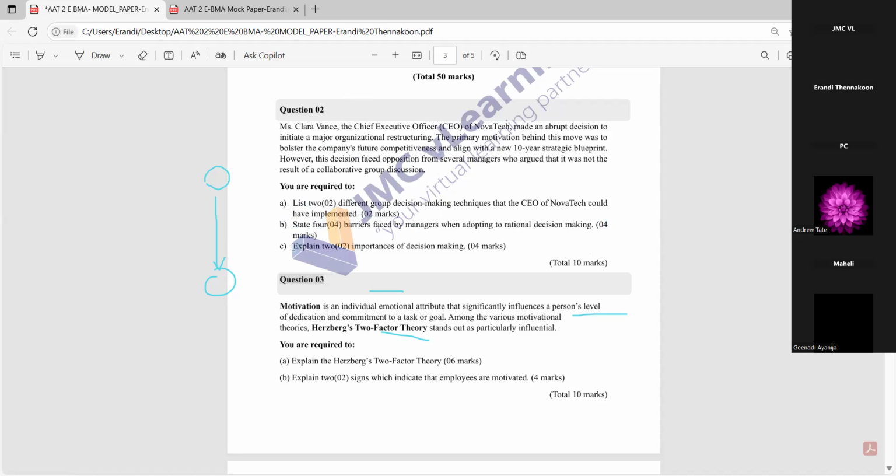And then explain. There you will get 4 marks. Explain two importances of decision making. So you have to explain it a little bit, right? So that's how you should think. You have to compare your question with the marks you are going to get, right?